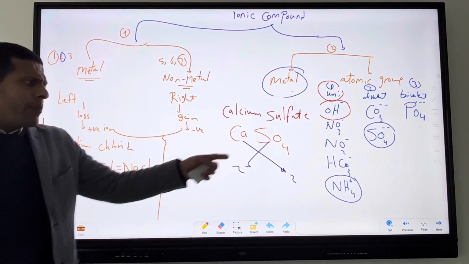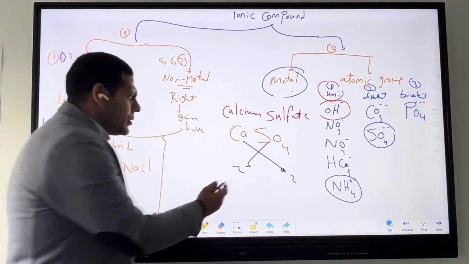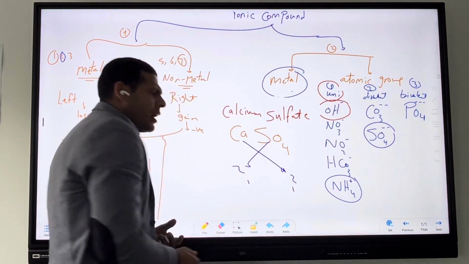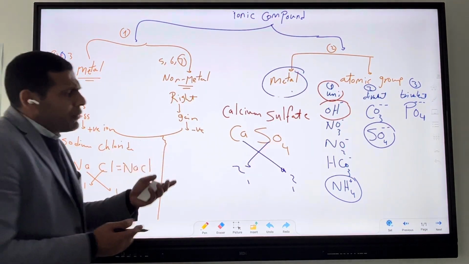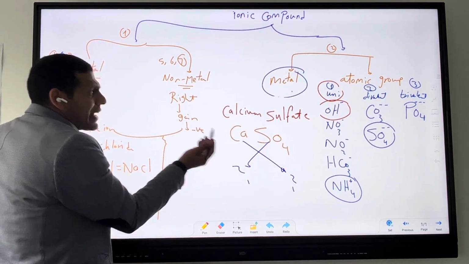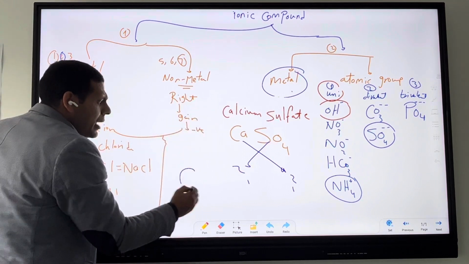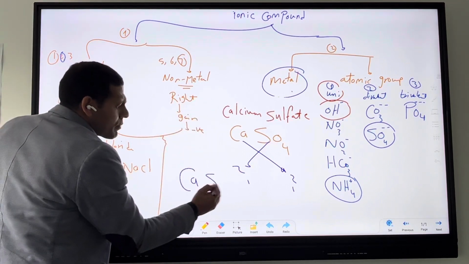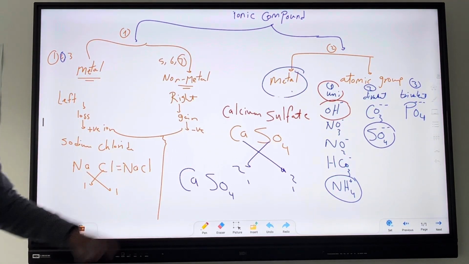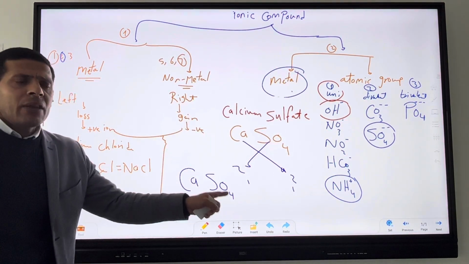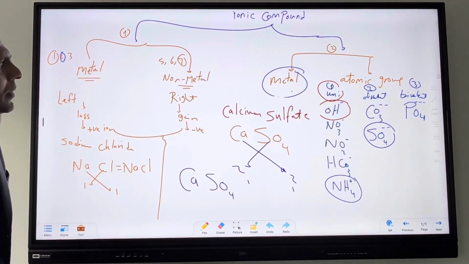An even number can be simplified: divide by 2, it becomes 1 and 1. If the valency is 1, you don't have to write it down. So the chemical formula will be CaSO4, which means we have 1 calcium, 1 sulfur, and 4 oxygen atoms.